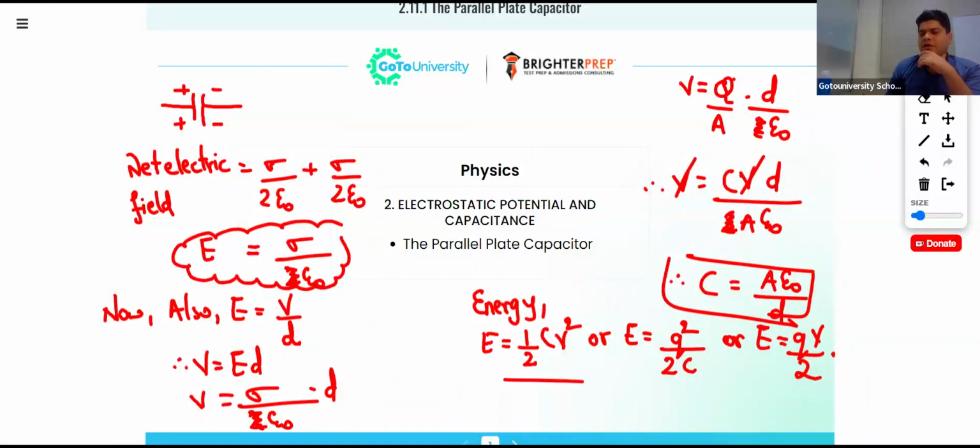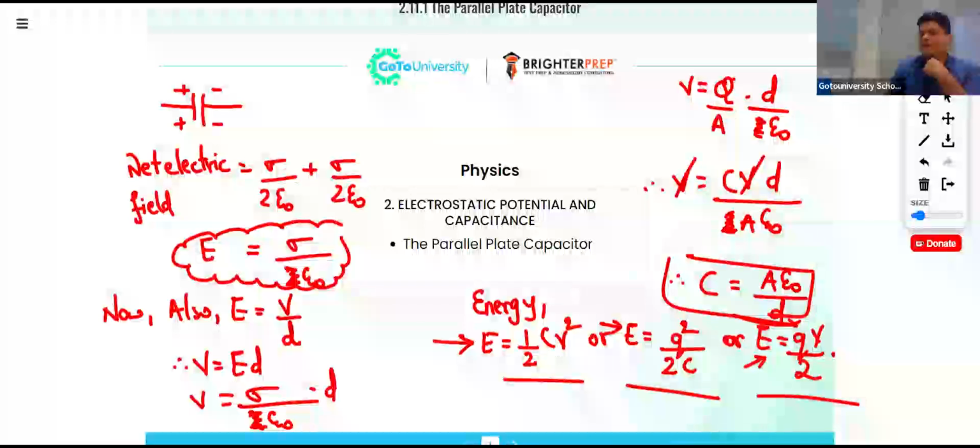Half CV square, Q square over 2C, and C is equal to Q upon V. For this, we don't have any derivation. Derivation was only till here. In the textbook also there is no derivation for energy, like how half CV square comes, how Q square upon 2C comes, how E is equal to QV upon 2 comes. We don't have any derivation for this.